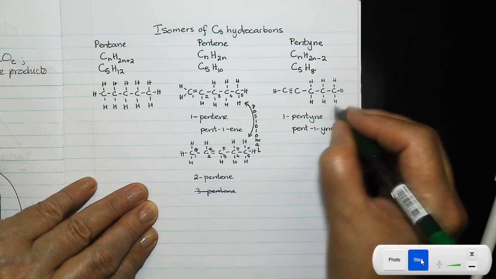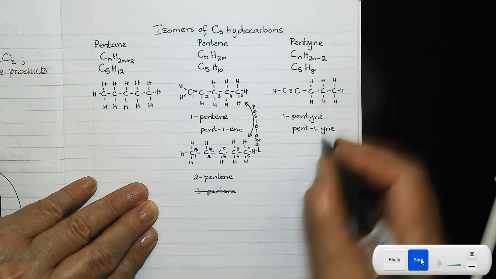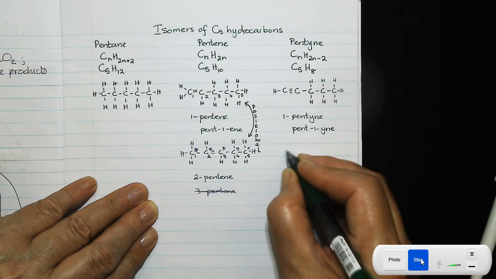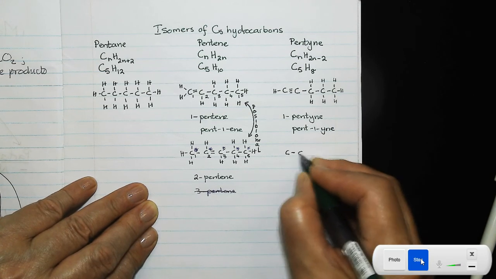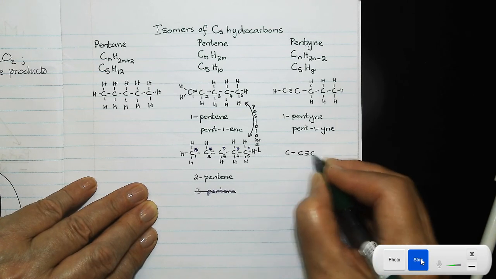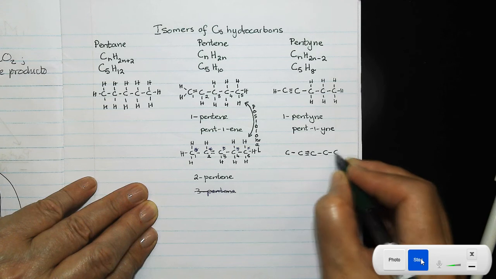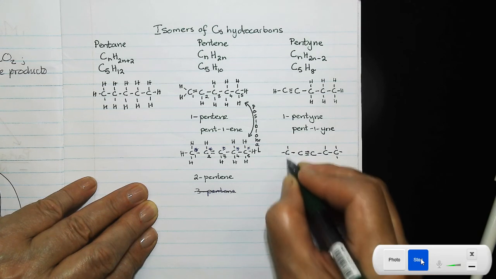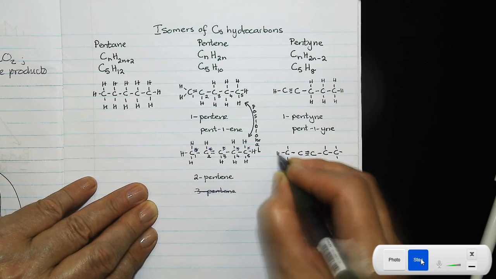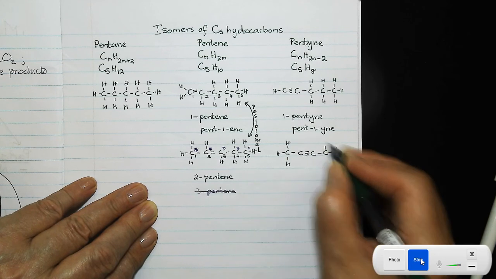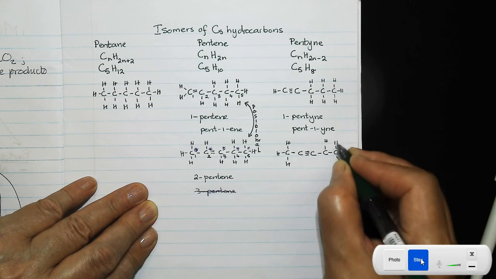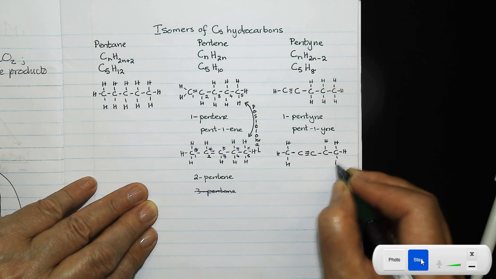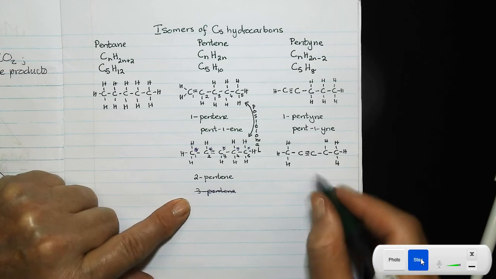A positional isomer for pentyne would move the triple bond to the second carbon, and the same rule applies to this molecule. This can't be a 3-pentyne for the same reason you can't get a 3-pentene.